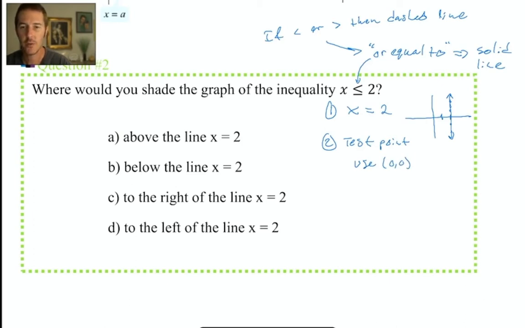And I'm using 0, 0 as a representative, as though you've got a representative of your county or your class or your state and so on. So I'm using 0, 0 as a representative of all of the points that are to the left of that vertical line. And I'm going to check and see if this point satisfies the original statement, x is less than or equal to 2.